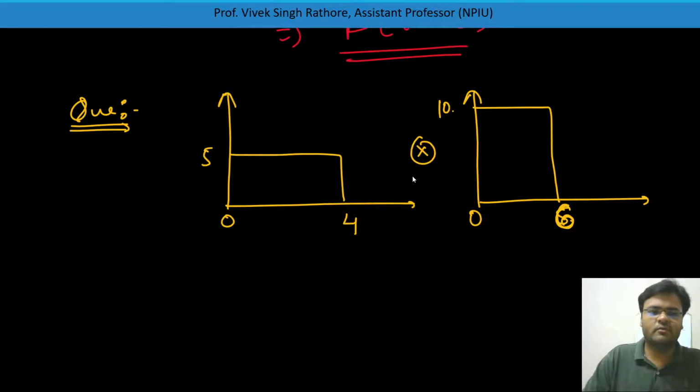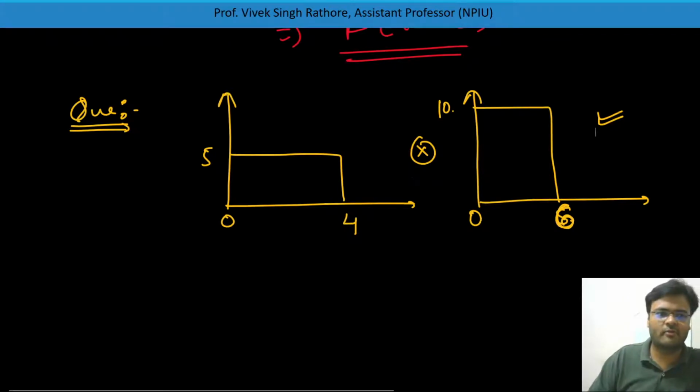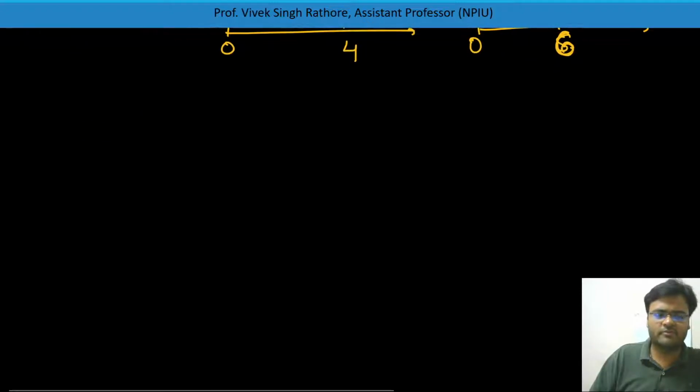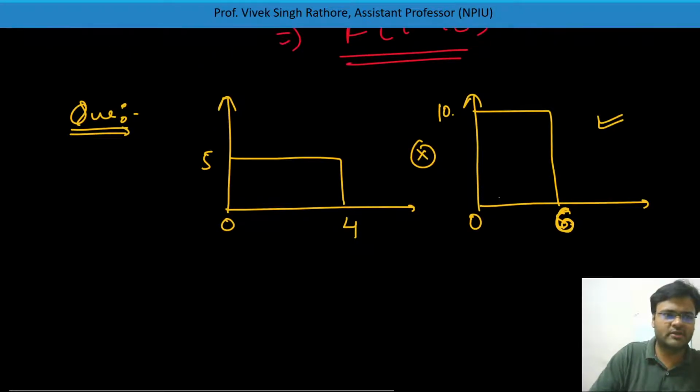You do the integration, you do the convolution, and please upload your answer in the Telegram channel. We'll see it, and if a problem comes, I'll solve it. For checking your answer you can see the solution there only.